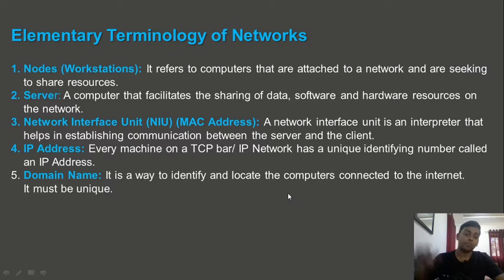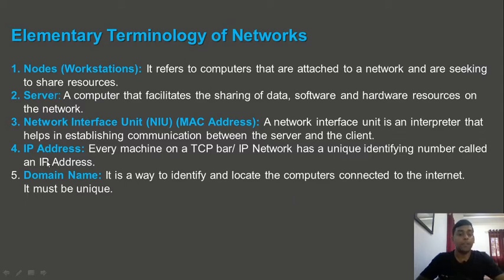The Ethernet cable from a network is connected to our machine through that unit. Network interface unit or MAC, media access control unit, or we can say LAN card or Ethernet card, is used to establish communication between the server and the client. Hope you get it.